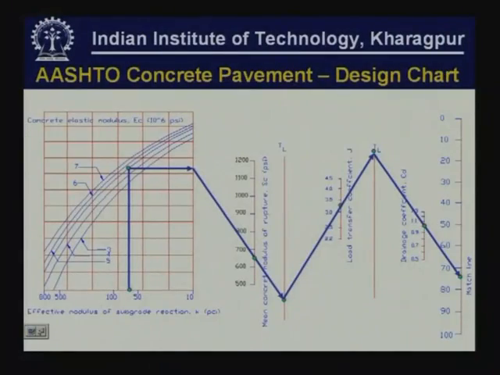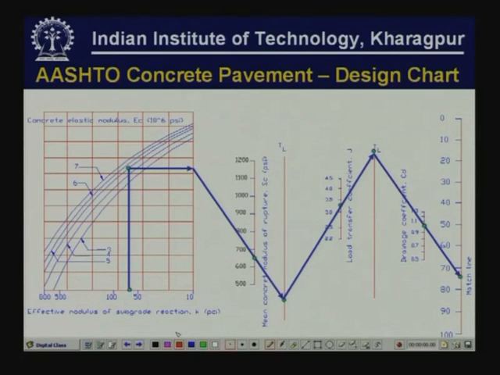How we start with is, we will start with the effective modulus of subgrade reaction K. This is the combined K value. Then these different lines give you for different modulus of concrete value.